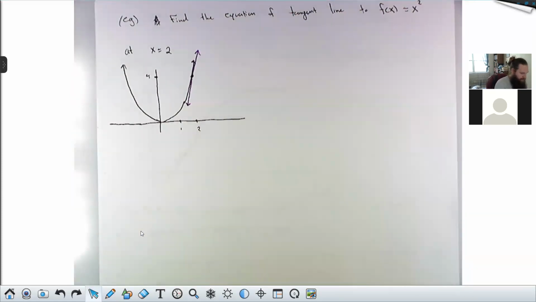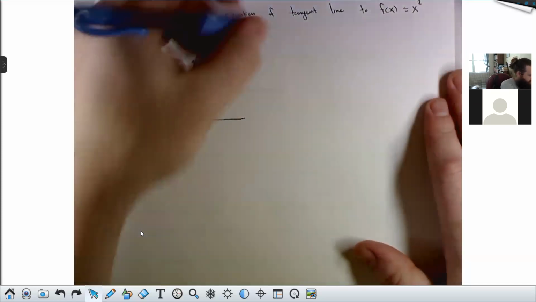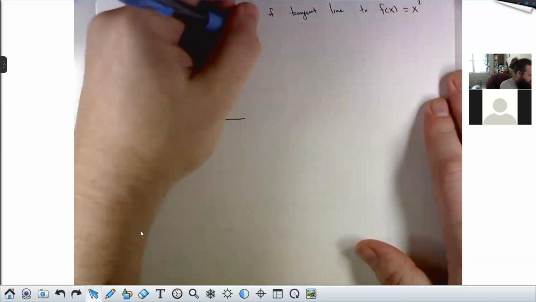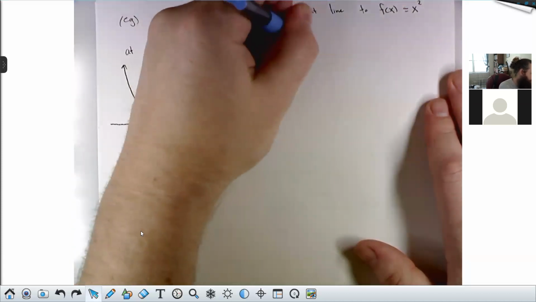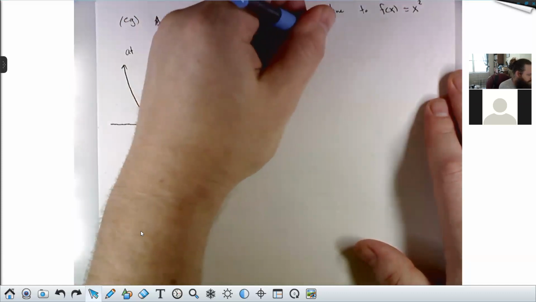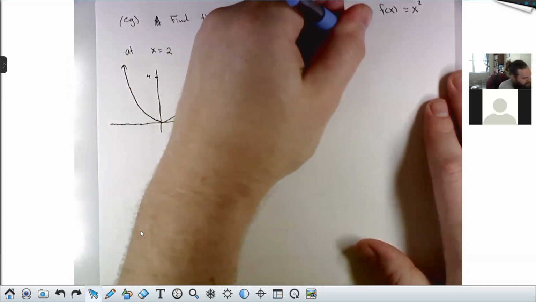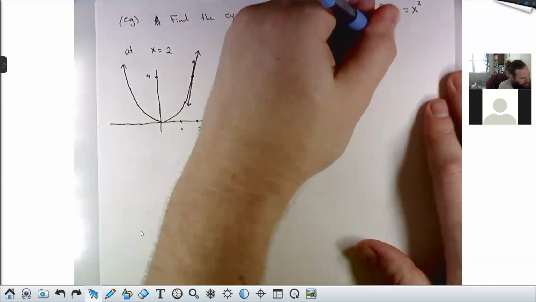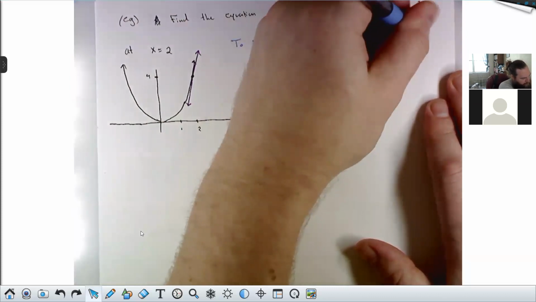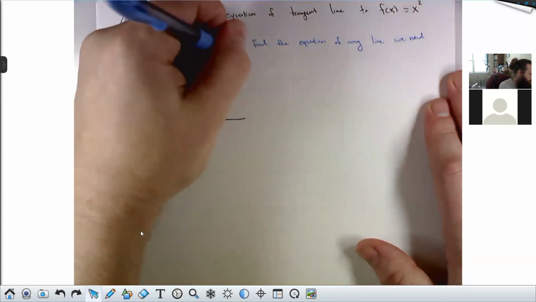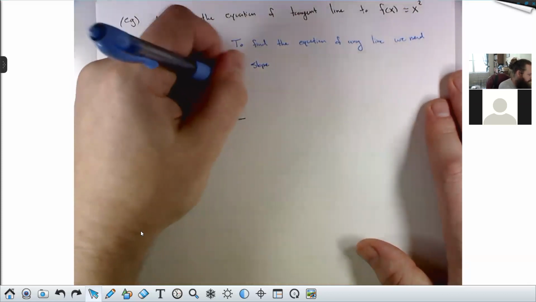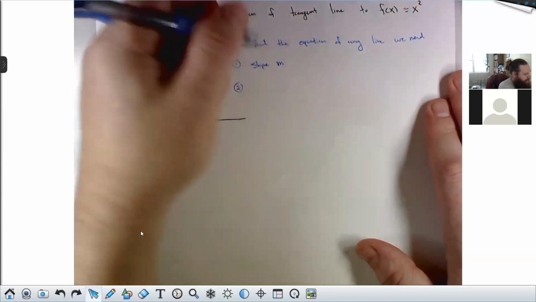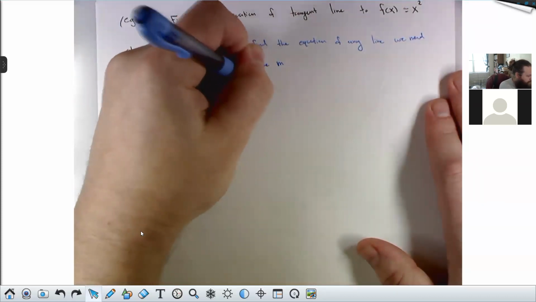And recall that to find the equation of any line, we need first the slope, and slope I'll call M. And second, we need a point on the line.